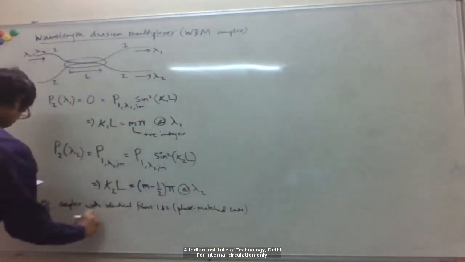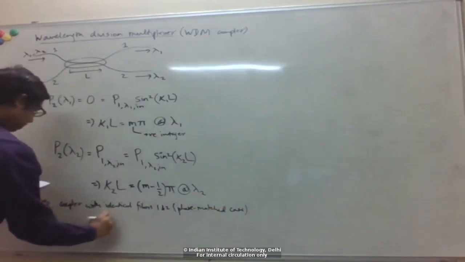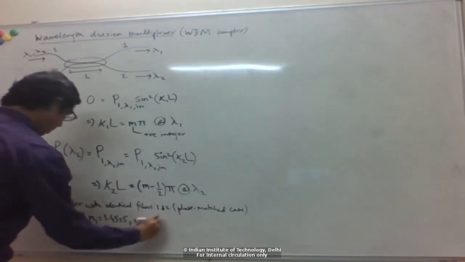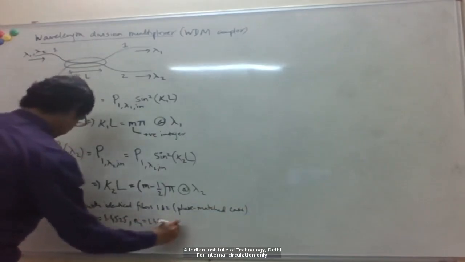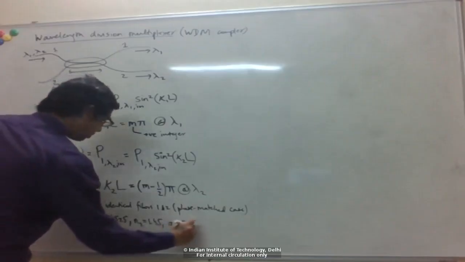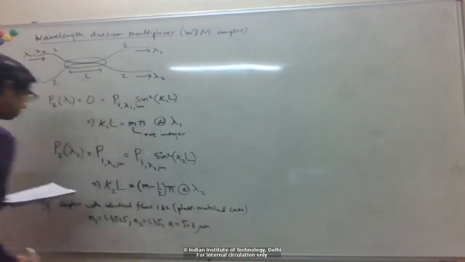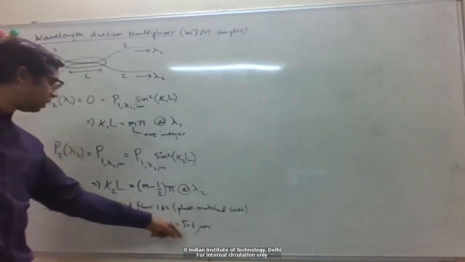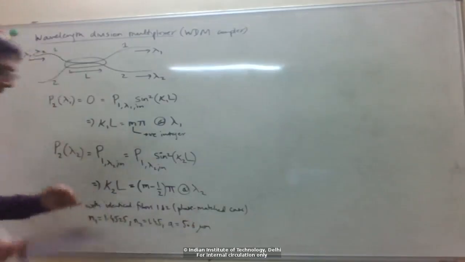So let's say the fibers have standard single mode fiber parameters. Core and cladding index is around 1.45, and core radius about 5.5 micron.